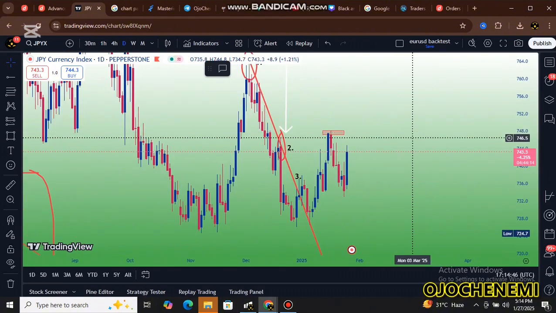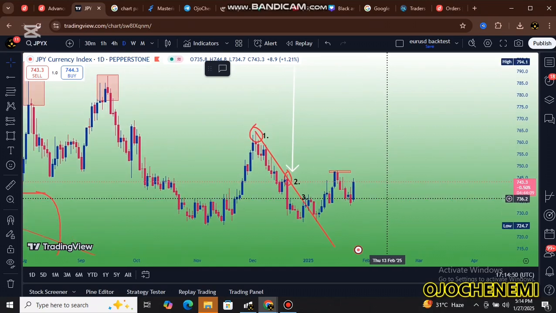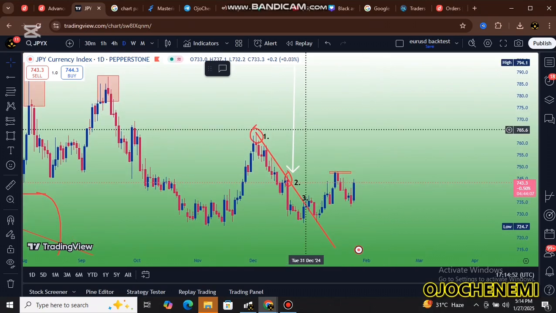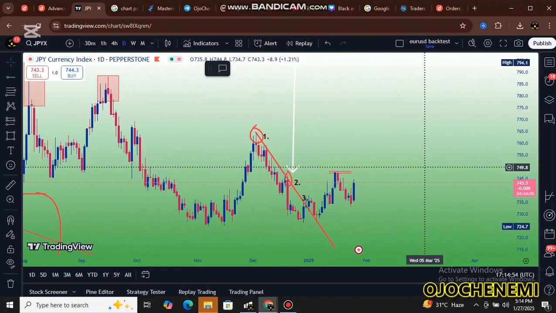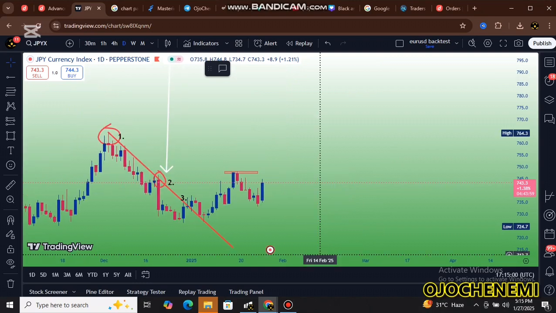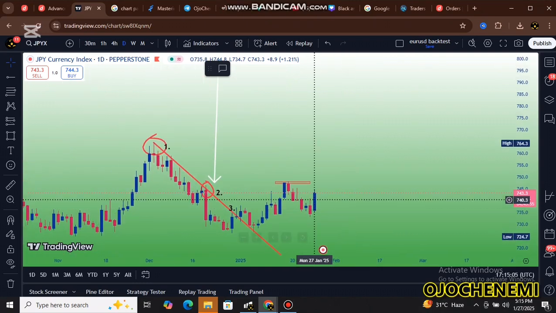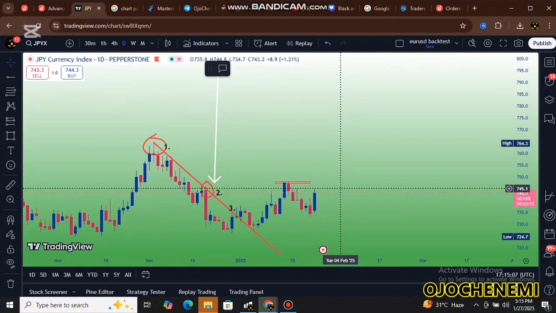So after this wick, I'm talking about the wick of the candle, you can see the rejection of the candle. After the rejection, you can see that this market is also approaching to create a double top.